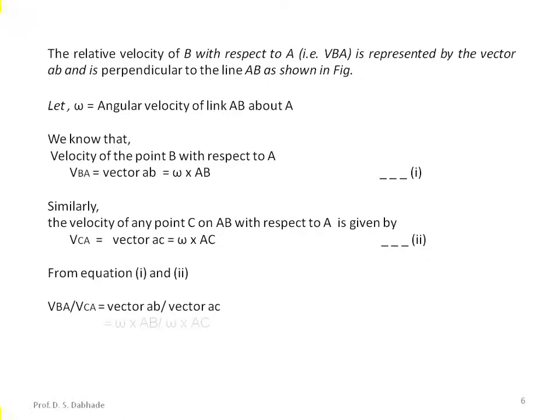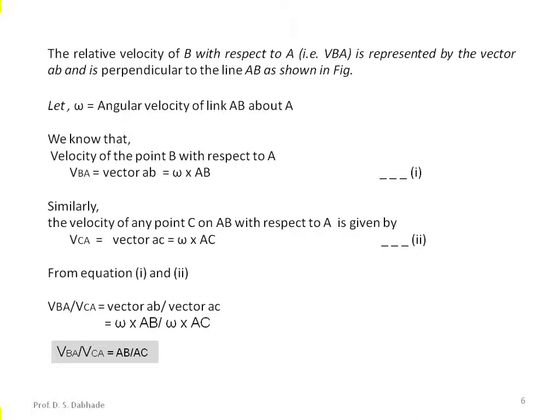Again, if I put the values in terms of omega, omega into AB divided by omega into AC, this omega is the common term, so it will get cancelled, and I will get the ratio of velocities in terms of the ratio of lengths of links.